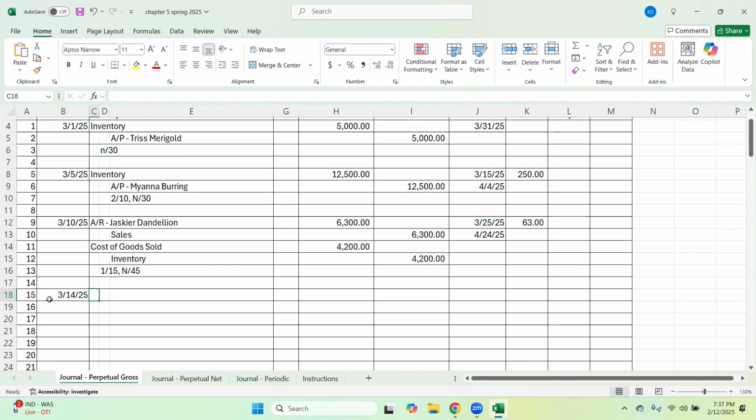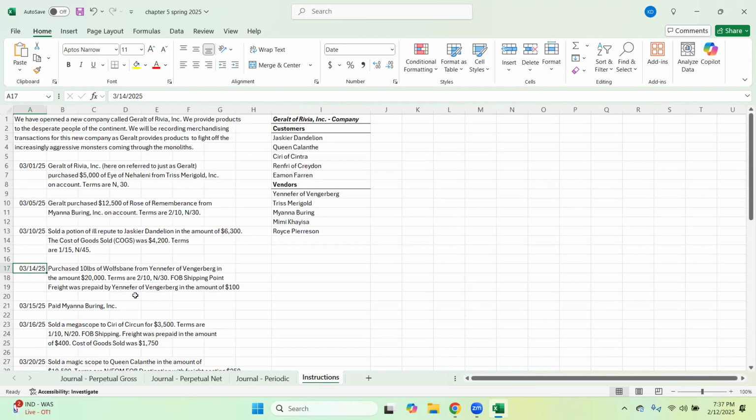3/14/25. Now I'm going to show you how I do it. The book does it a tad bit different. The book, and I'll tell you about how they do it in just a second. According to this, we purchased $20,000, and let's look at these freight conditions. FOB shipping point means that the buyer is going to pay for the freight.